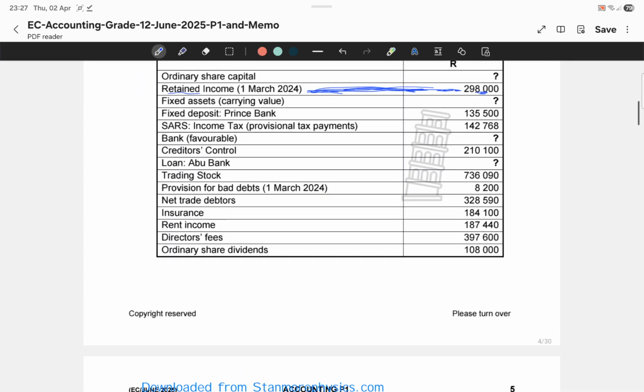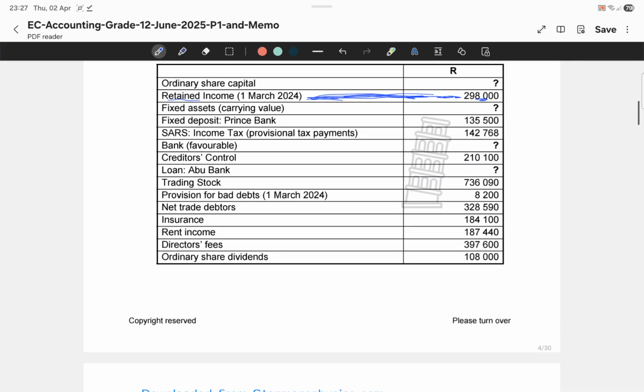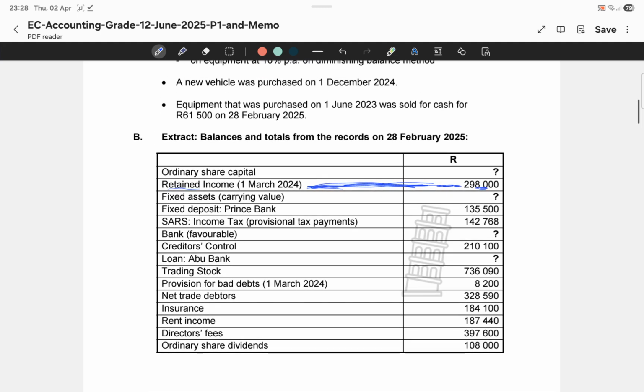Now, let's look for the provisional payments on the trial balance. There they are. It says SARS income tax, in brackets, provisional tax payments. Remember, provisional tax payments are payments made during the year to SARS.